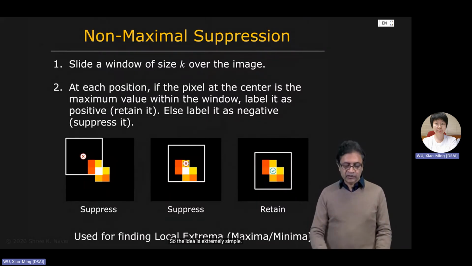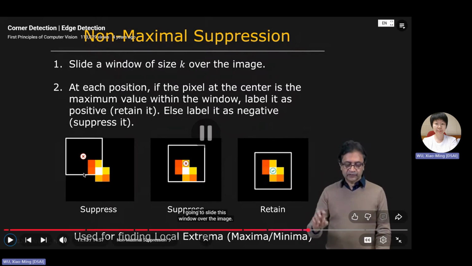So the idea is extremely simple. It is to take a little window, and you're going to slide this window over the image. This window is represented in white, and this is the center of the window. We can perform non-maximum suppression by comparing whether the center pixel is larger than the rest of the pixels.